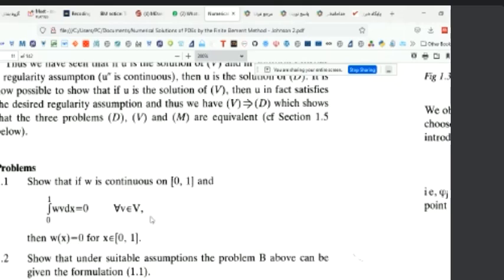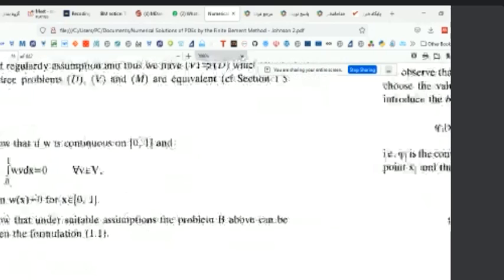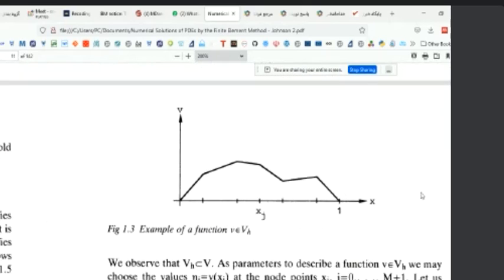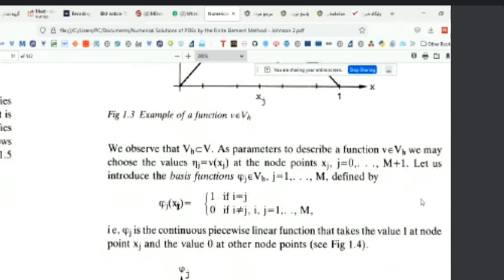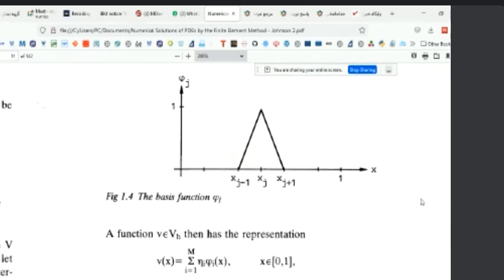Also, there are sub-problems 1.1, 1.2, which show us some examples we can use in the definitions of V and J in this case.